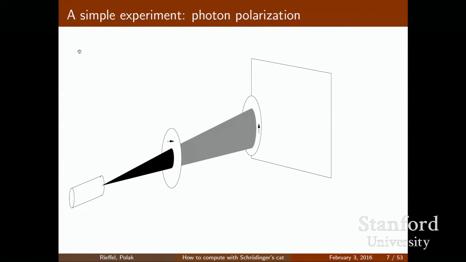Okay, now I'm going to do something really stupid. I'm going to put another filter in. How could this possibly help? Because you add a filter that can only get you less light, but we already had no light, so why would I do this? Well, you start with horizontally polarized photons.